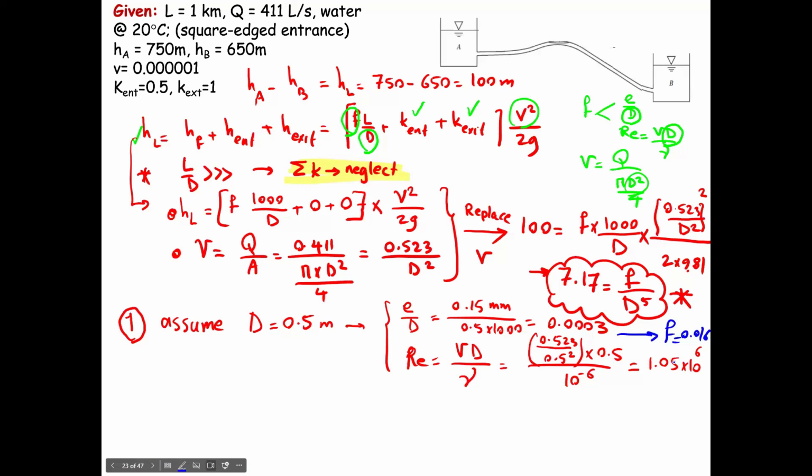Now you need it to be checked. How? Use the star. Do you remember the star? Oh, here, the star one. It says that whatever you are doing, you should fulfill this one. F is this number. If I do that, what's your discharge? Sorry, not discharge, diameter.